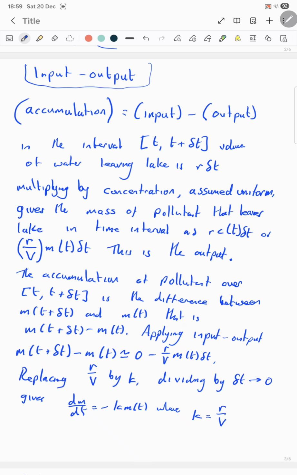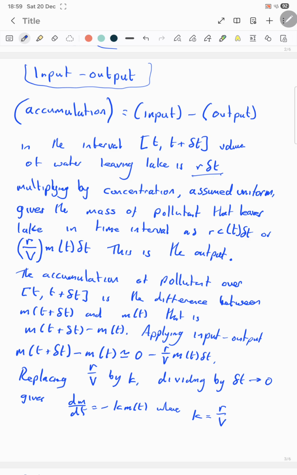Now the accumulation equals the input minus the output. In the interval T to T plus delta T, the volume of water leaving the lake is R delta T, where, as we've already said from our assumptions and definitions, R is the flow rate.